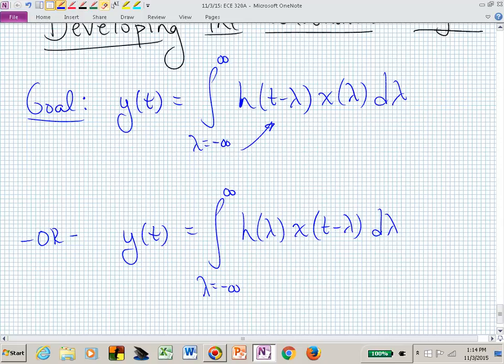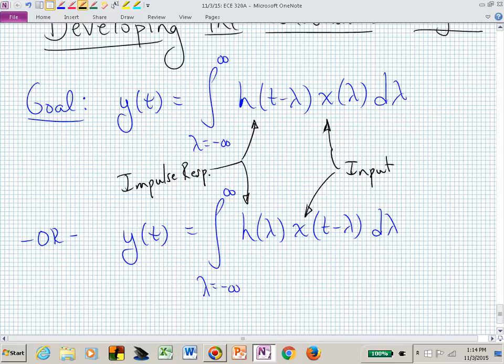The h's, that's our impulse response, and the x's are the input in the time domain.